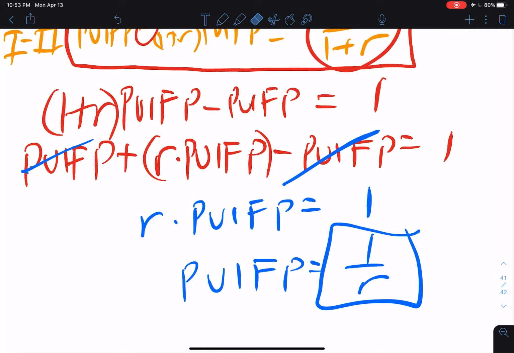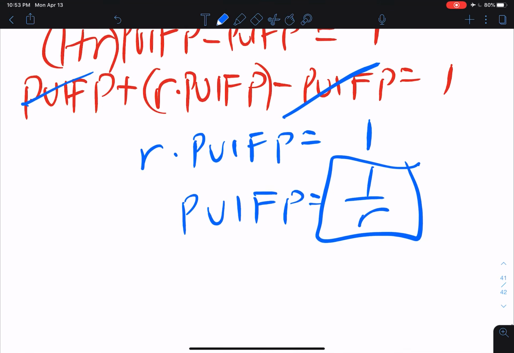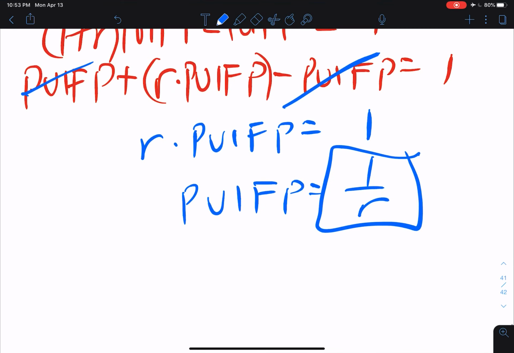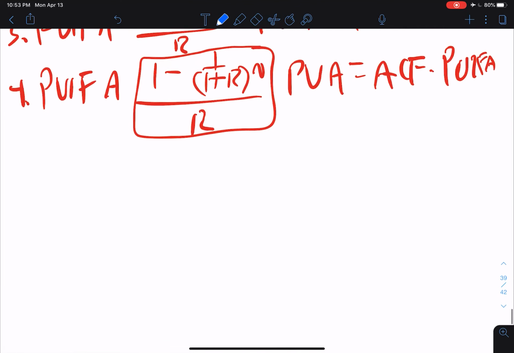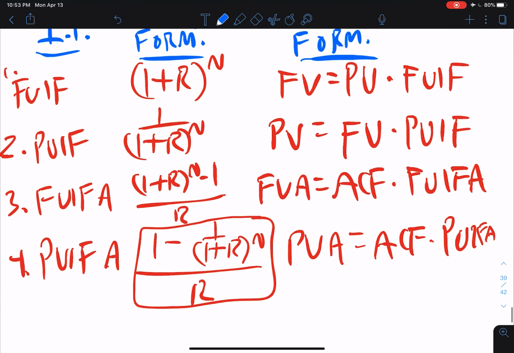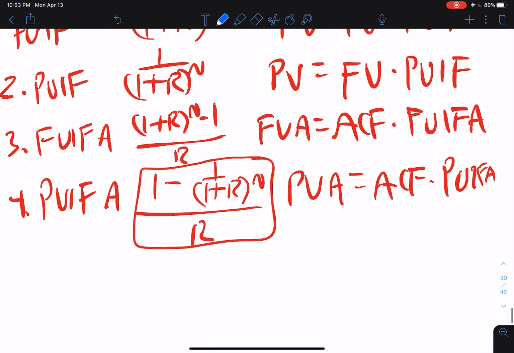That is our computational formula for the present value interest factor for a perpetuity, 1 over r. And our application, so this is the computational formula. So in the table that I had shown to you in the last video, we'll now add number 5, present value interest factor for a perpetuity.